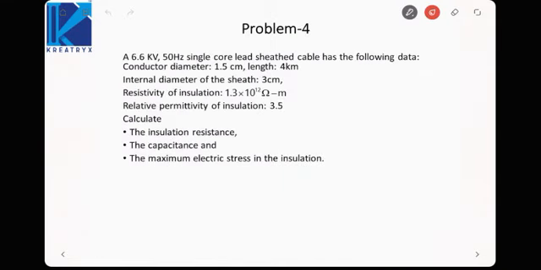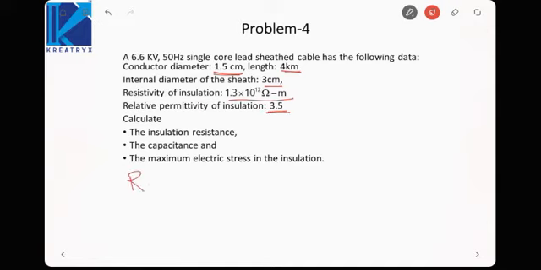In our next problem, it is saying a 6.6 kV 50 Hz single core lead sheathed cable has the following data. Conductor diameter is 1.5 cm, length 4 km, internal diameter 3 cm. Okay, and resistivity of the insulation is this much, relative permittivity is this.